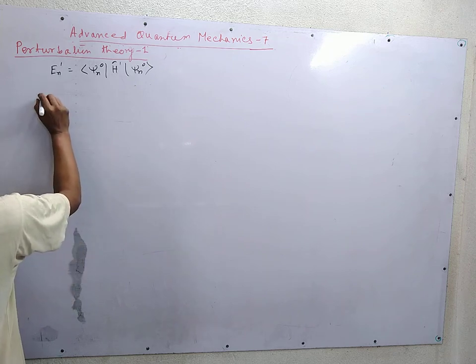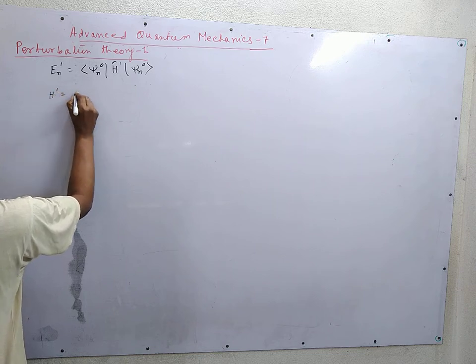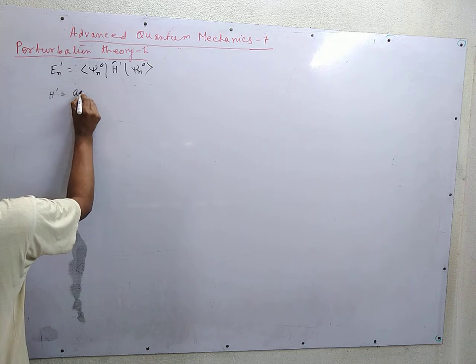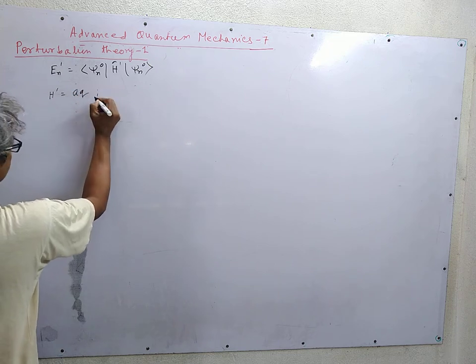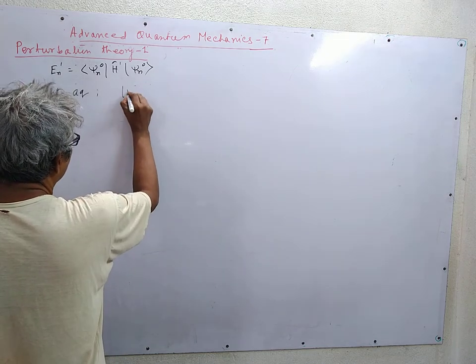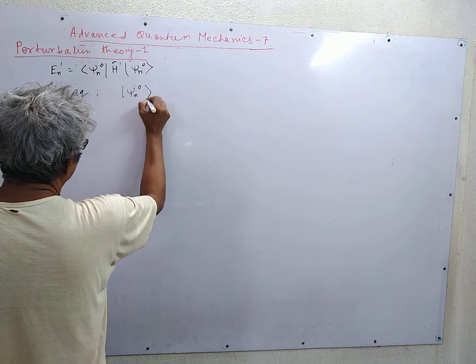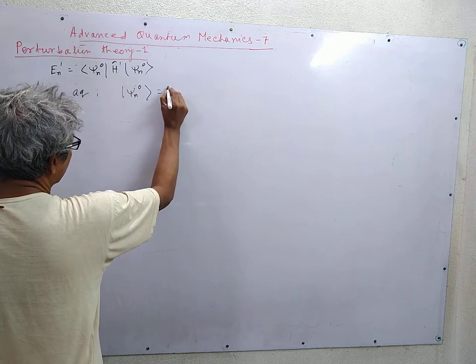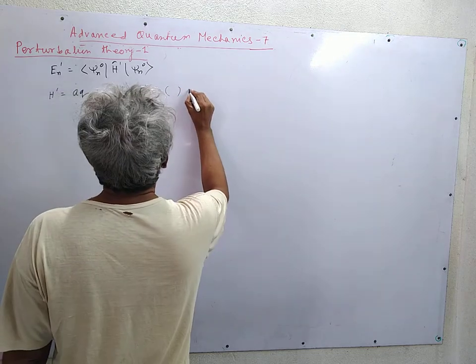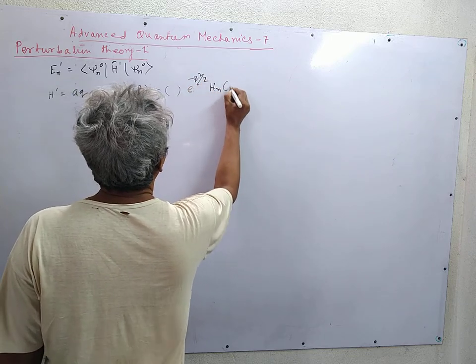In the harmonic oscillator problem, we may consider that H prime is equal to a Q, and we consider the entire discussion in dimensionless form Q, in which case psi n0 is, apart from a normalization constant, e to the power minus q square by 2 and H n q.